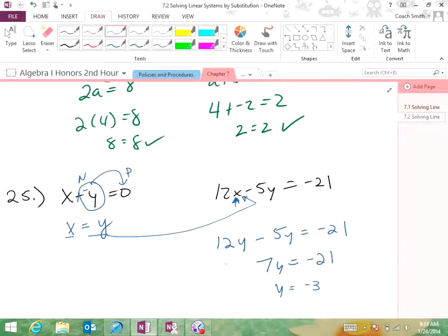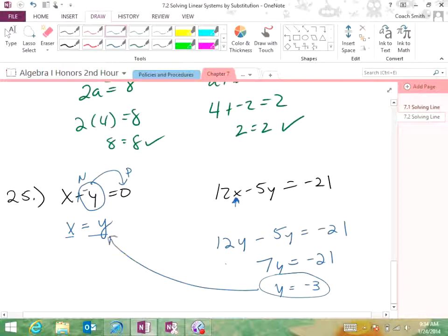So now I'm going to plug in this value back into my revamped equation right there. Because I said y is equal to negative 3, so I'm going to plug in negative 3. I go in and plug back in my revised equation.